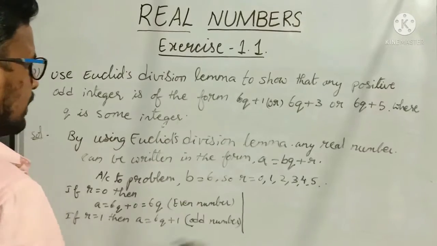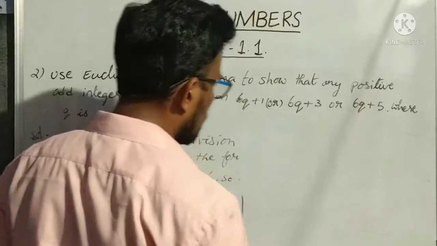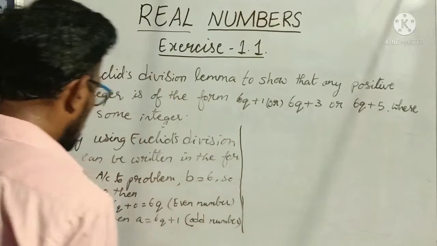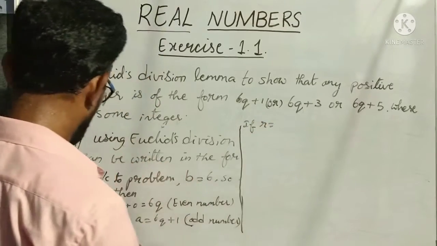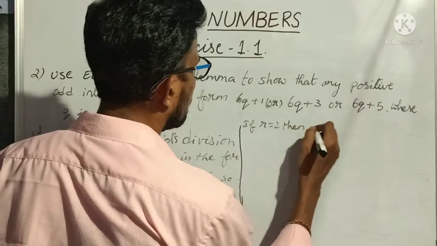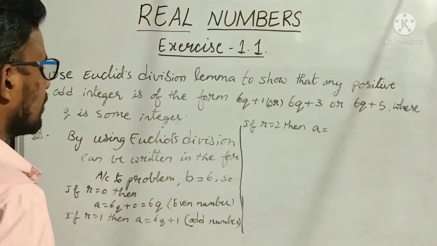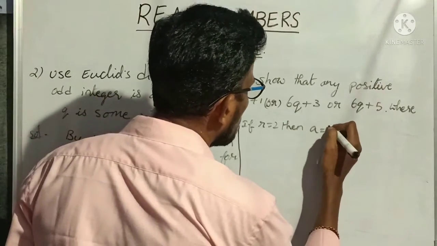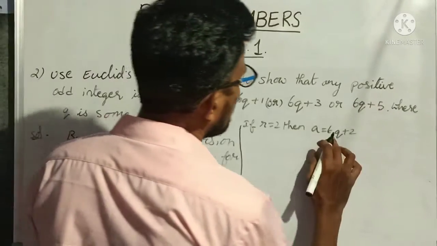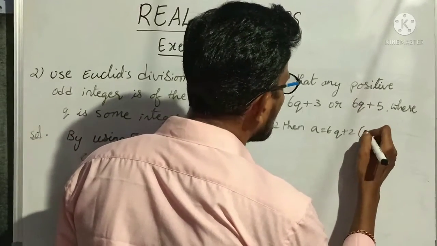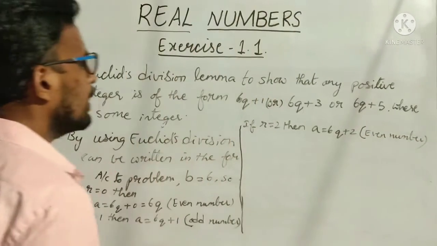Just wait, it is not possible here to complete the solution, so I am erasing this one. Next, if r is equal to 2, then a is equal to, in the form of a is equal to bq plus r, 6q plus 2. This is even number plus even number, and even number plus even number is always an even number, right? Therefore, this is an even number.